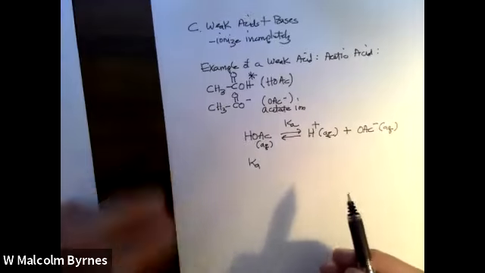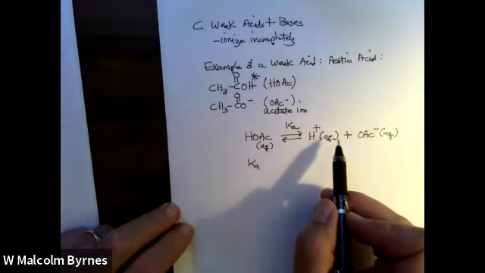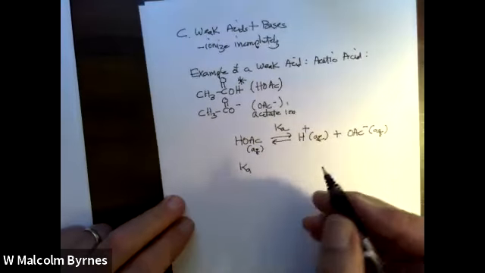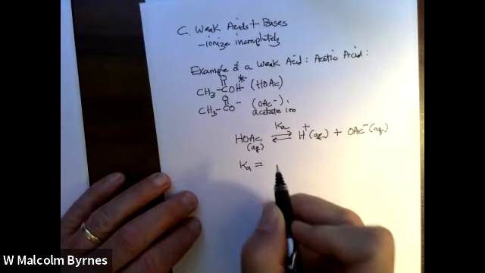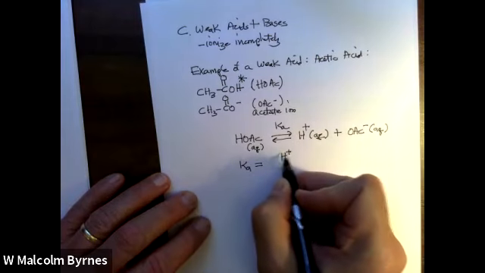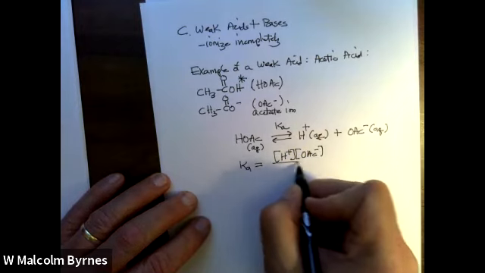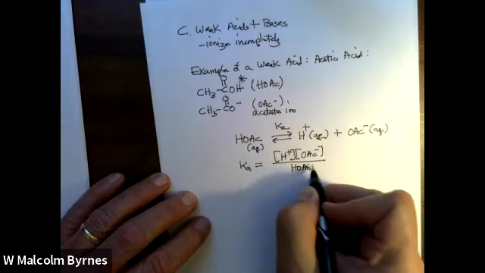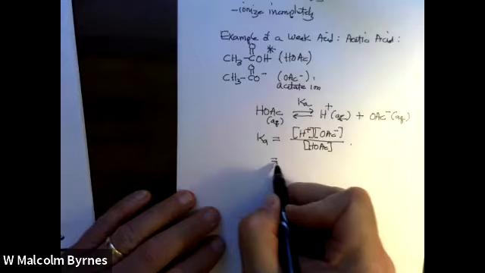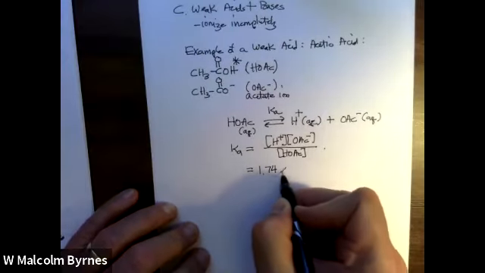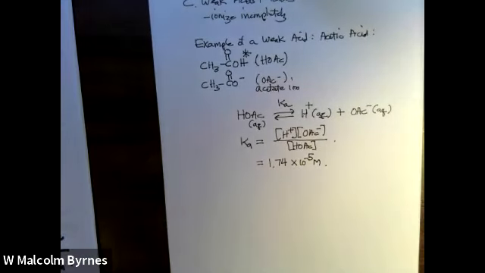The larger the Ka, the more it will tend to ionize; the smaller, the less. So Ka is equal to the concentration of hydrogen ions times the concentration of acetate ions divided by the concentration of acetic acid at equilibrium. And that has a value of 1.74 times 10 to the minus 5 molar, which is quite small, which means that it doesn't really ionize very much.